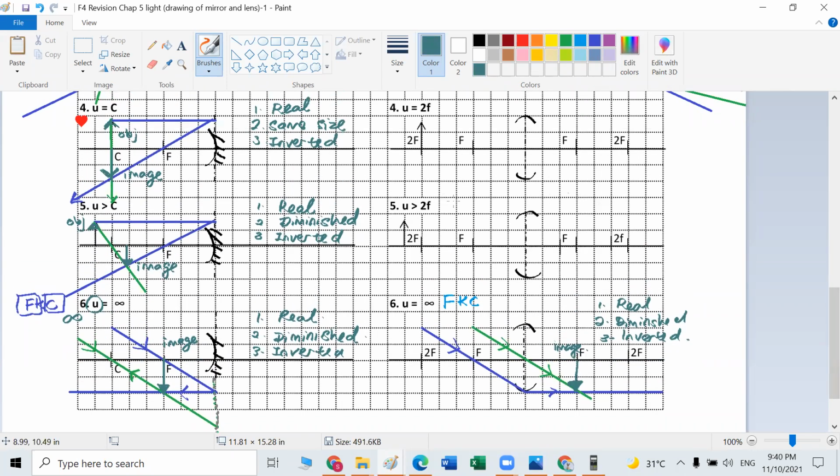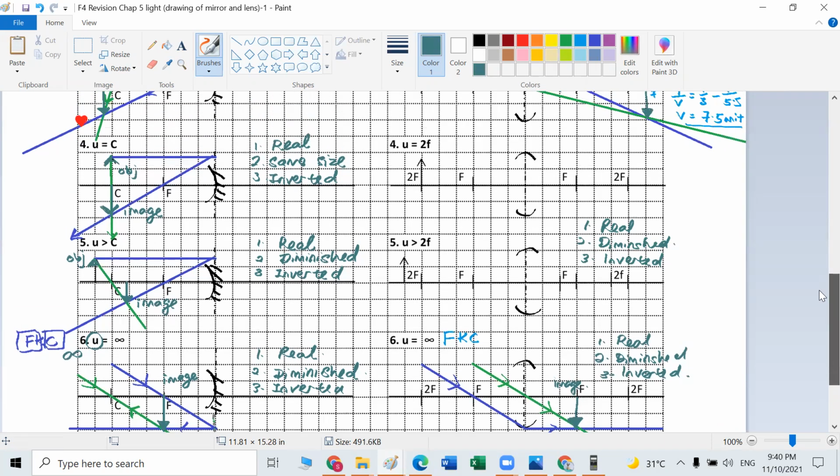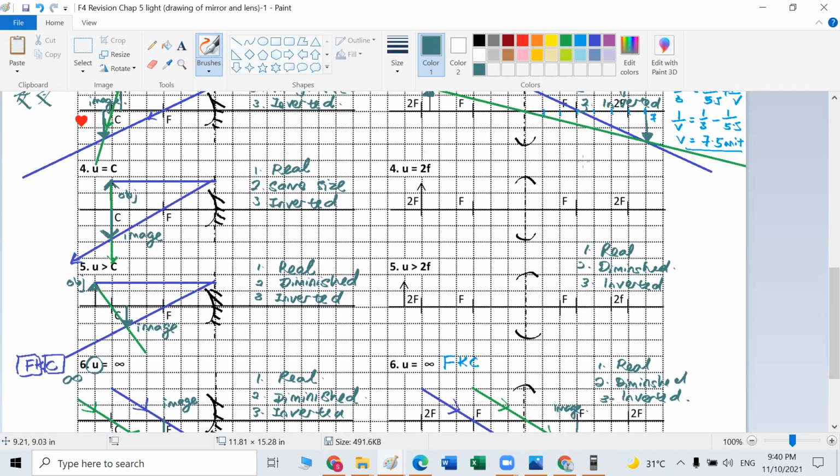Okay, so this one will be the same as the next. Real, diminished, inverted. This one, the same thing. Real, same size, and inverted.